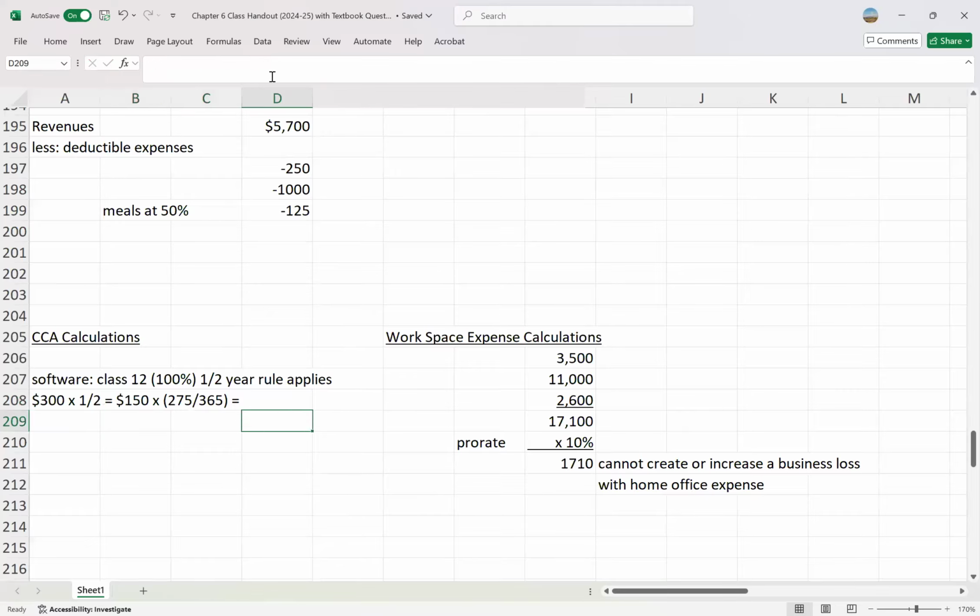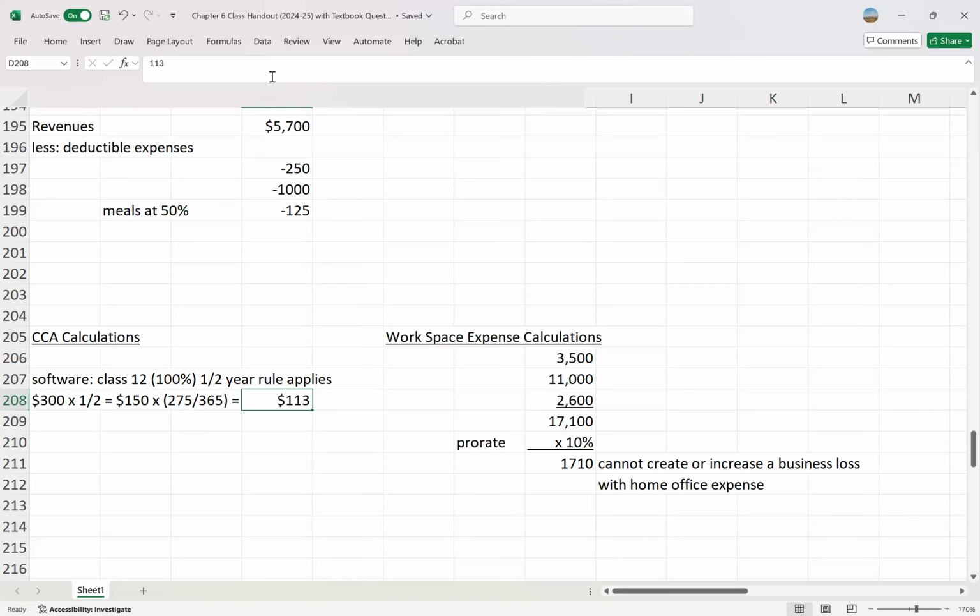And so the CCA that's going to give us is going to be about $113. So round it to the nearest dollar, $113.